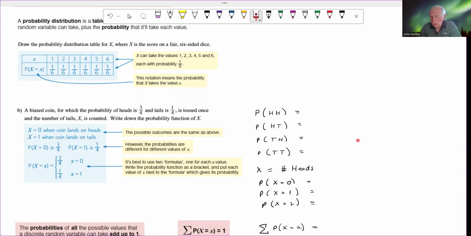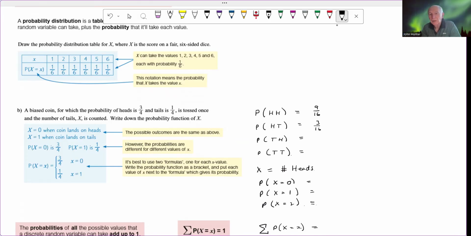But what about if we did it twice? What's going to happen here? For the probability of two heads, we're going to use our multiply rule. So this is going to be 9/16. A head then a tail: the order matters here. If we get a head with the first one and a tail with the second, then the probability of that is going to be 3/4 times a quarter, so 3/16.